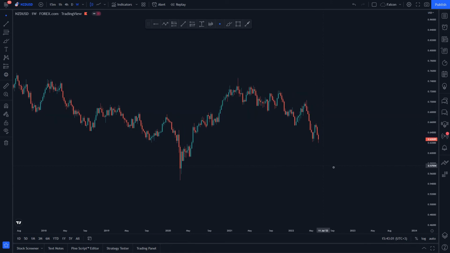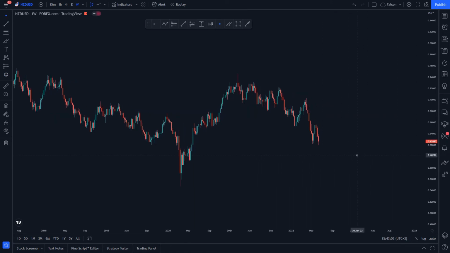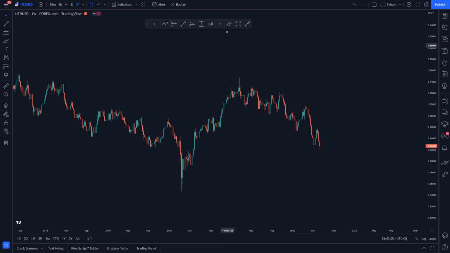Okay, so let's focus on Kiwi dollar. Kiwi dollar has pushed down correctively. As you can see, this one has been in a very corrective phase for a long time after this impulsive move. So for me, if this price can come up to these levels over here, I think it's even on that zone over there.